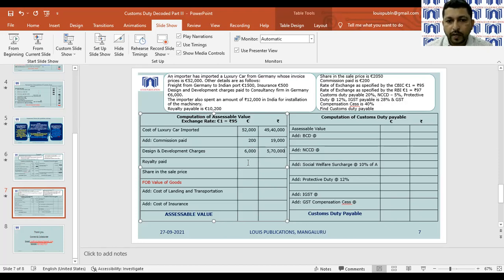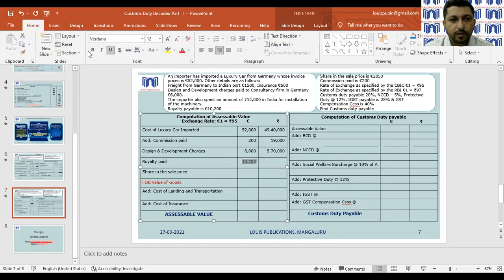Next, we have royalty paid. Royalty paid is 10,200 euros. So 10,200 into 95 will work out to 9,69,000. That will be the value. Then share in the sale price is given, 2,050 euros.